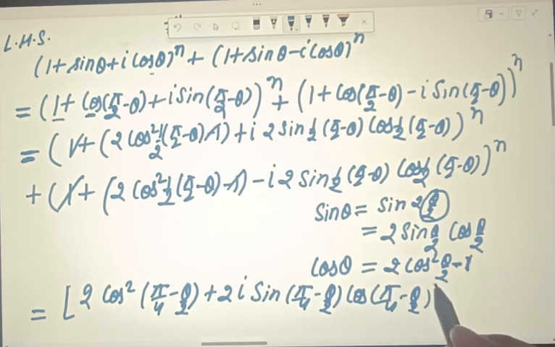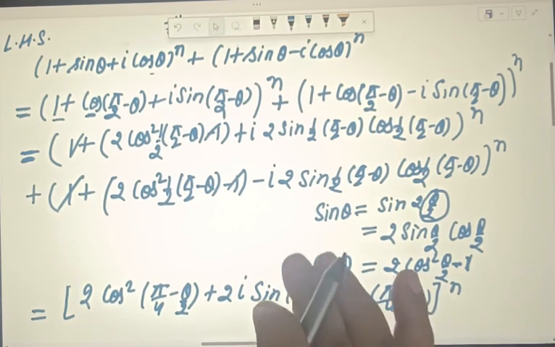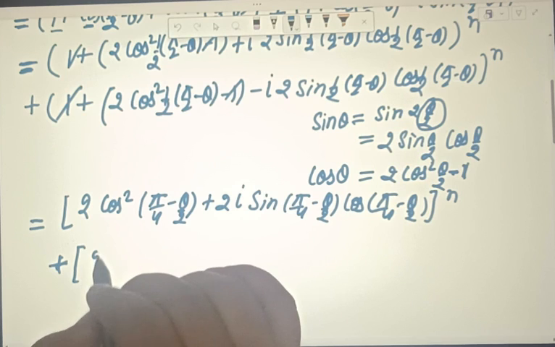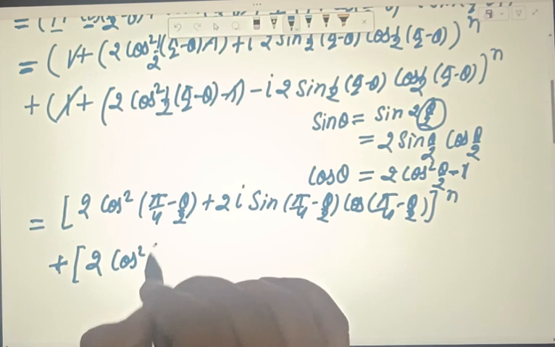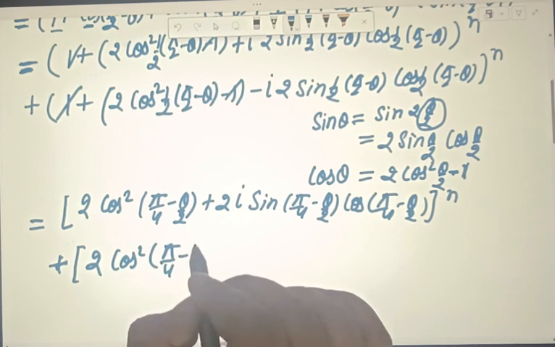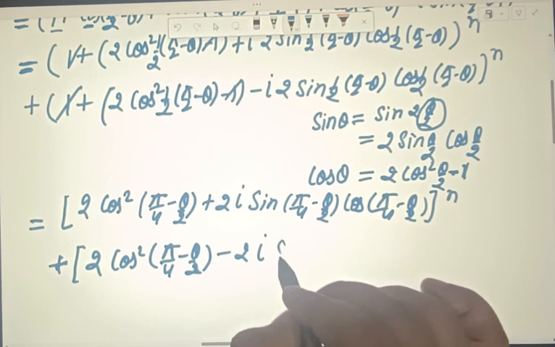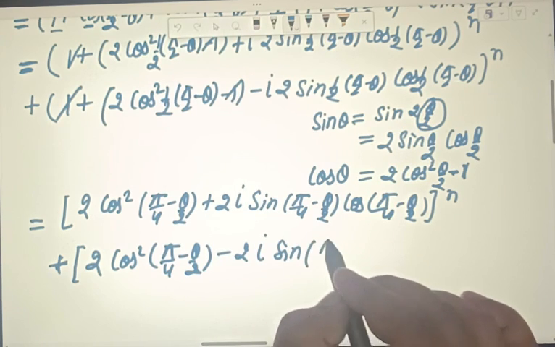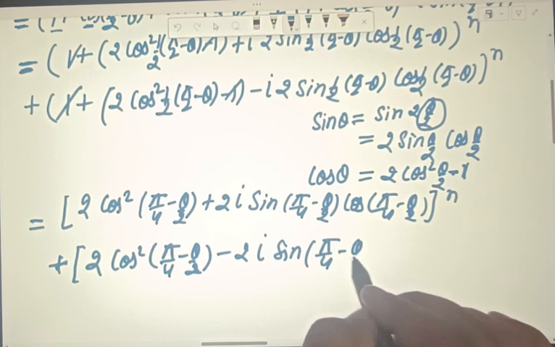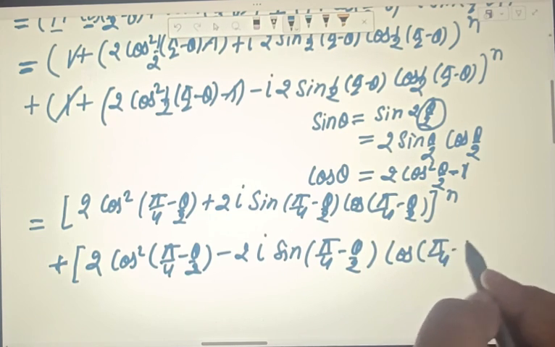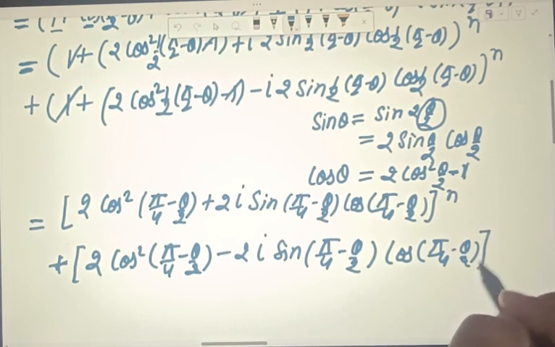Very simple steps. Similarly, in the next step I will write 2 cos²(π/4 − θ/2) minus 2i sin(π/4 − θ/2) cos(π/4 − θ/2), to the whole power n.